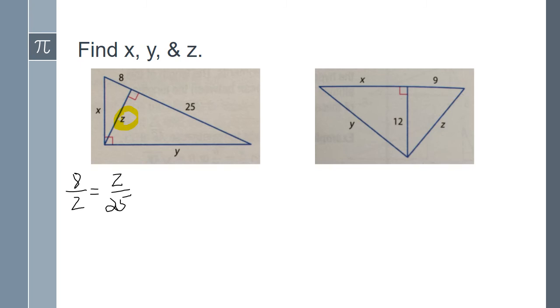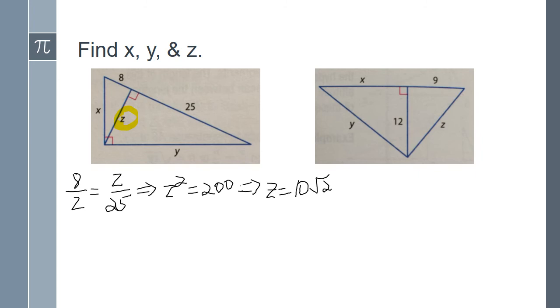So this leads to z squared equals 200, which take the square root of each side, and that means that z is equal to 10 square root of 2, or the square root of 200.